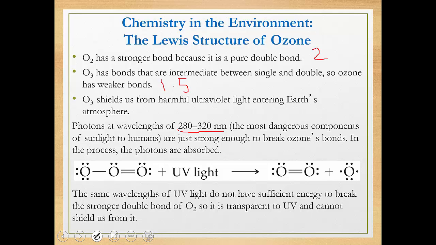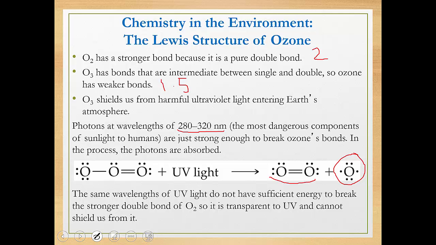And the energy of the photon gets absorbed in the breaking of that bond. So ultraviolet light cleaves those bonds. We end up with diatomic oxygen with that stronger double bond, and then we get a free oxygen atom, which doesn't hang around very long. That's a very reactive atom. It's going to bond to something else, but that's what happens. The energy from the photon got absorbed.